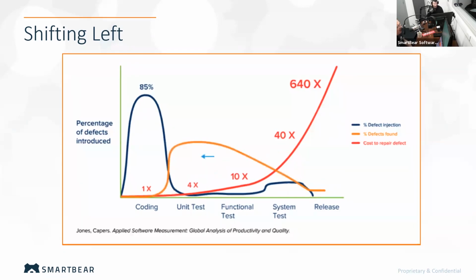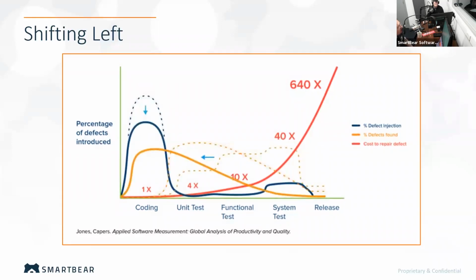Okay, so the idea of shifting left is taking the bulk of your test effort and moving it leftwards in this graph and more towards the coding phase. As we increase the amount of effort earlier in the phase, the idea is that we would find more defects earlier and we would reduce our costs for fixing those defects.